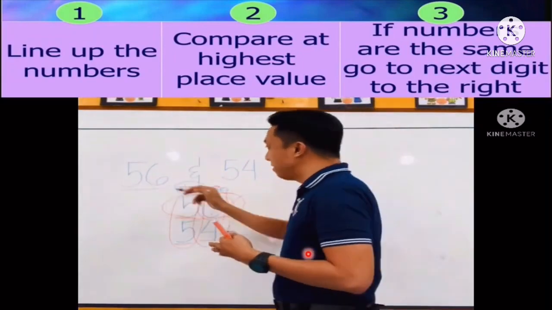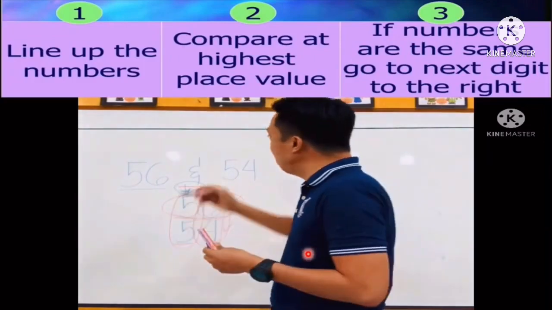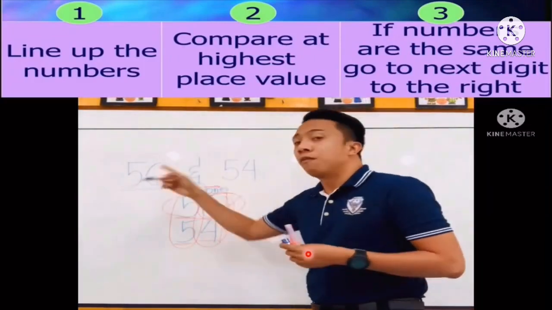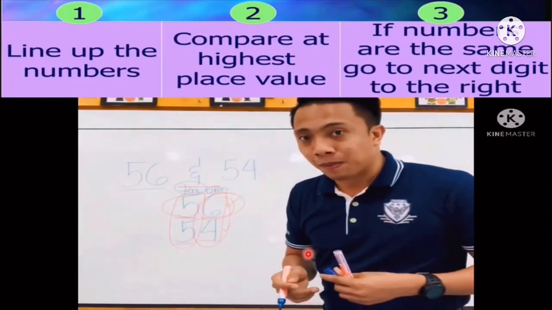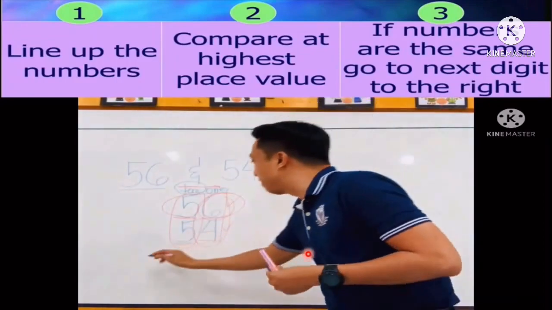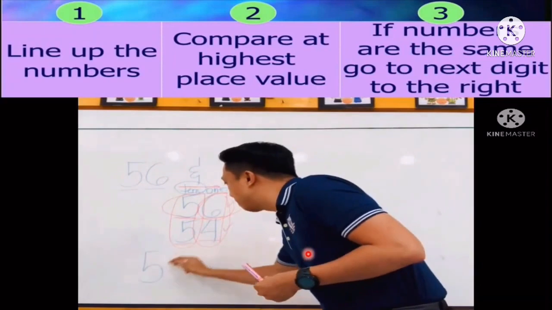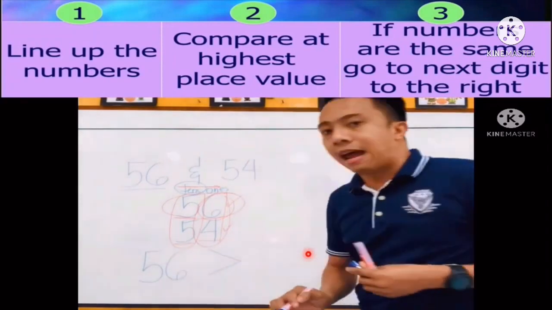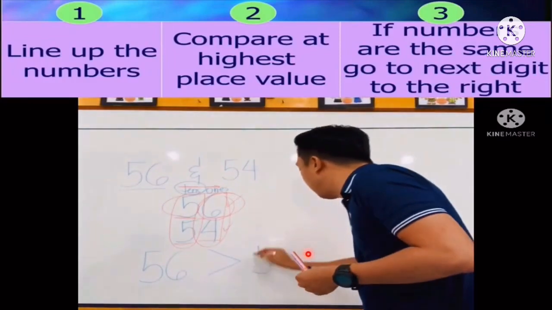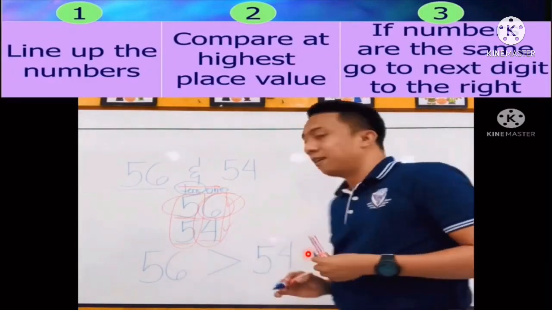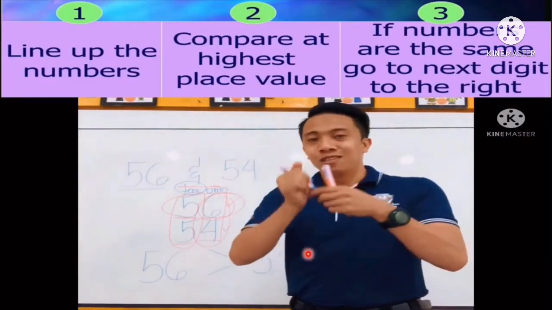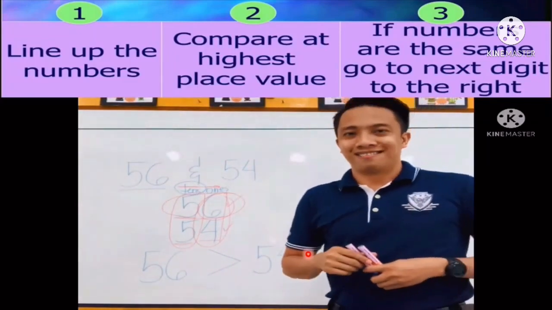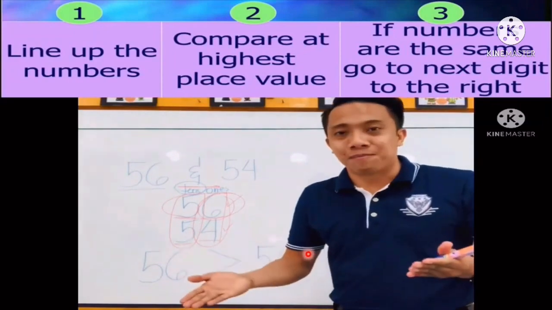So, 56 is greater. So, the mouth of the alligator will eat 56. In symbols like this, 56, the mouth is greater than 54. Alright, so those are the 3 steps on how to compare numbers. Now let's proceed to other examples.